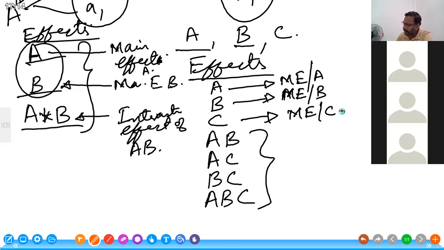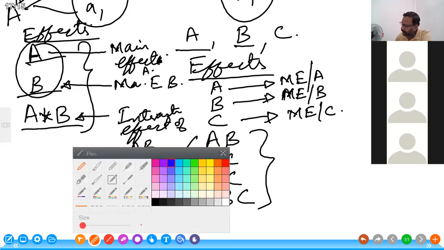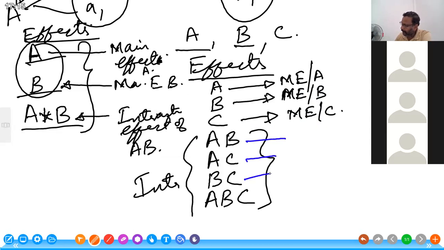Now you see, these are interactions. These interactions also we can divide into groups. The first group of interaction is called two-way interaction, or two-order interaction.